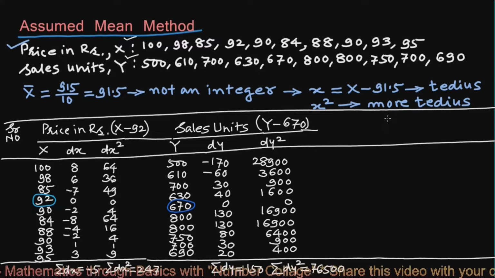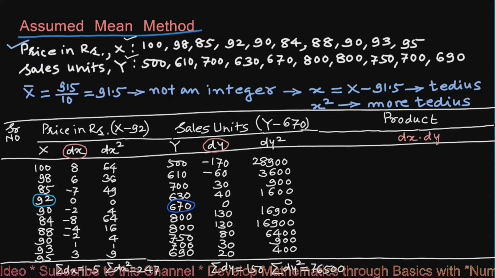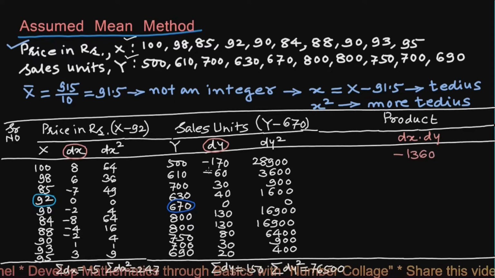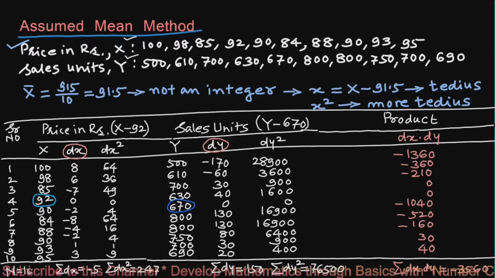Next we will require product of dx and dy. So we write dx into dy in this column. So it will be 8 multiplied by minus 170 is minus 1360. 6 into minus 60, minus 360, and summation of product dx dy is minus 3560. Let's write the serial numbers so that n is 10.